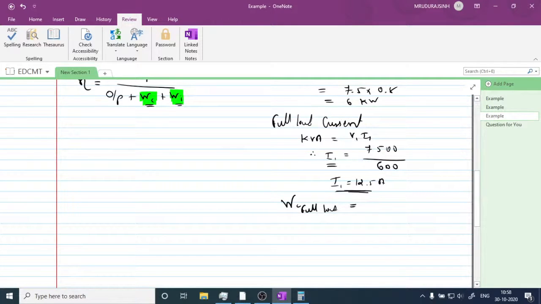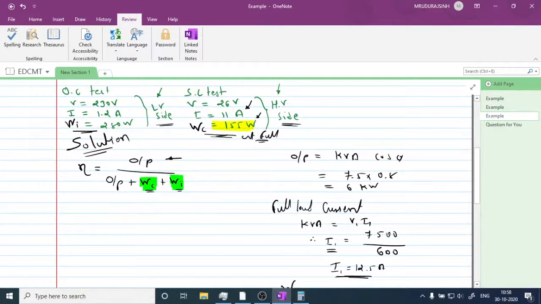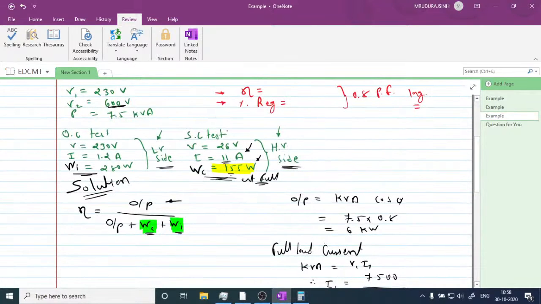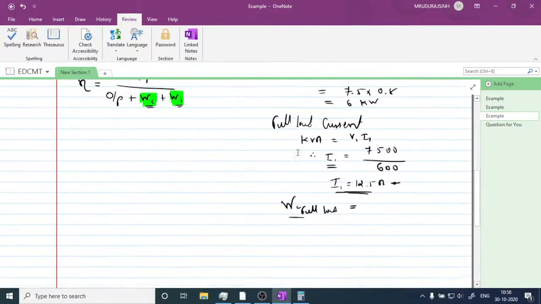And what is the equation to calculate the full load copper loss? It is the ratio of the current we need to calculate the copper loss at and the current which is given to us.